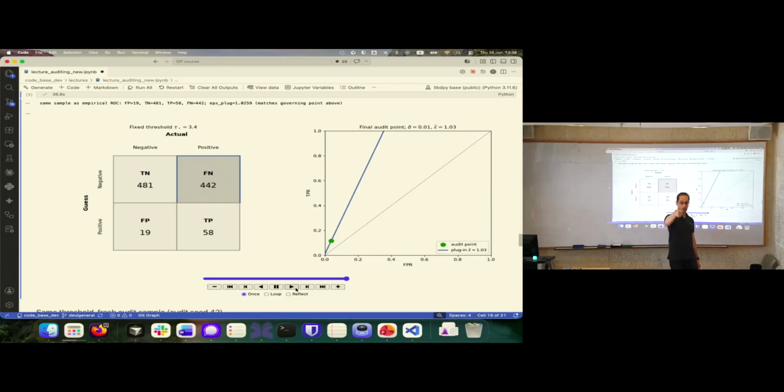So it's for all neighboring data sets, and I picked a particular pair of data sets, and it's for all subsets of outputs, which now we know correspond to a decision rule, right? Because the subset of outputs is the subset of outputs where the decision rule guessed yes or guessed no.